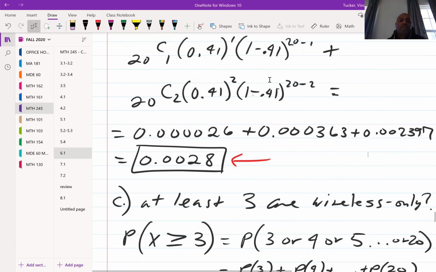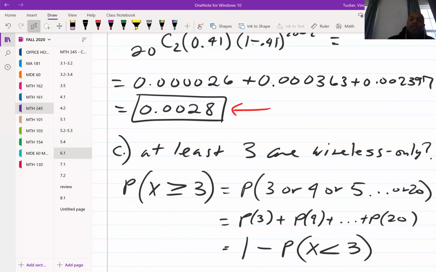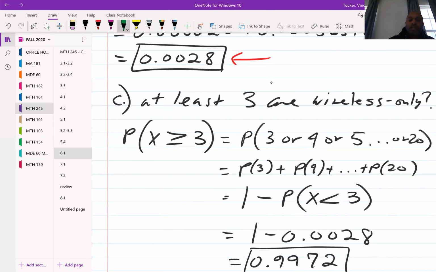All right. So now the next one, we want to know at least 3 are wireless only. So now, if we hadn't done the previous example, that means we would have to do each one of these individually all the way up to 20. You said at least 3, so you're talking about 3 being the least. Then you go from 3, 4, 5, all the way to 20.